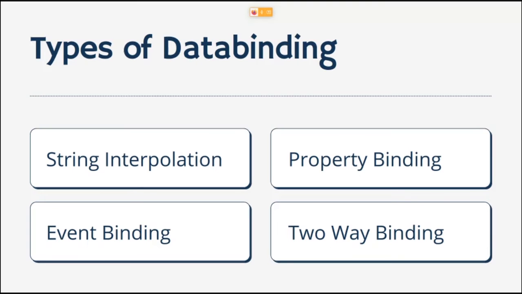Otherwise you would be blindly entering a value and you wouldn't be able to see it. As you keep entering, it shows you what you've entered. That's why the data gets stored from the view to the logic, and simultaneously the data is viewed from the logic to the view. Another name for two-way data binding is banana model binding. So those are the types of data binding available.